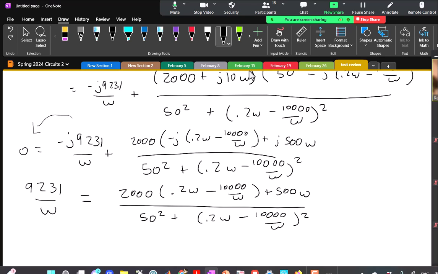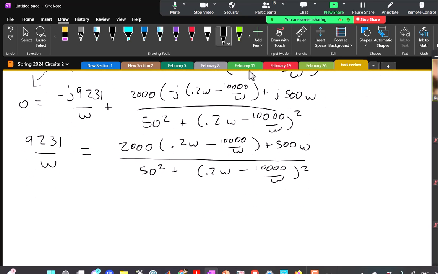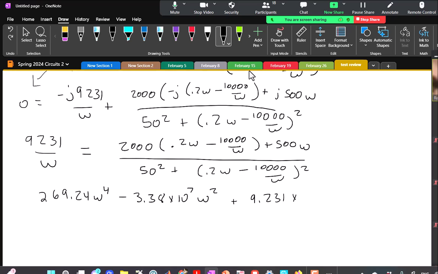Now, at this point, you can choose to believe me or not, but if you cross multiply and then combine like terms and do all of the algebra, what you end up with is 269.24 omega to the fourth minus 3.38 times 10 to the seventh omega squared plus 9.231 times 10 to the 11th equals 0.